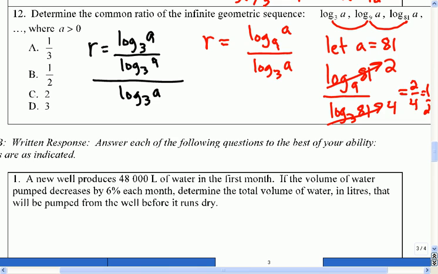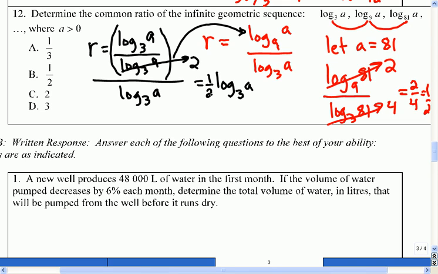All I did was use the change of base rule to get from log base 9 to log base 3. I can tell you log base 3 of 9 is a 2, so I end up with log base 3 of A times 1/2 over log base 3 of A. So that disappears, and I'd end up with 1/2.